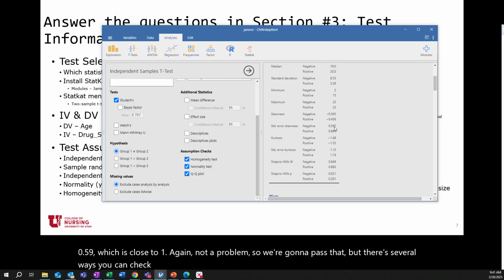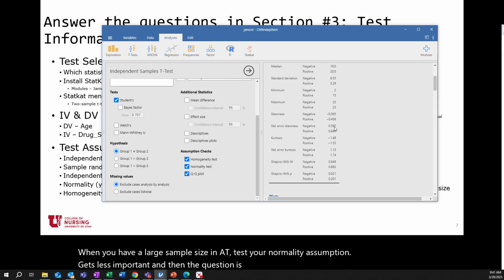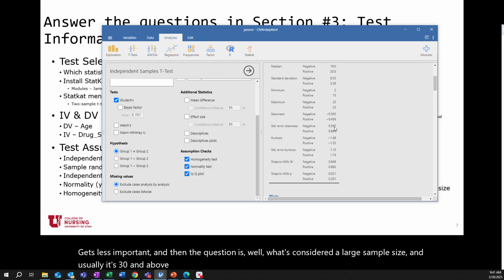And another thing to consider is your sample size. When you have a large sample size in a t-test, your normality assumption gets less important. And then the question is, well, what's considered a large sample size? And usually it's 30 and above. If you're above 30, then your normality assumption, even if you violate it somewhat, it's not quite such a big deal.